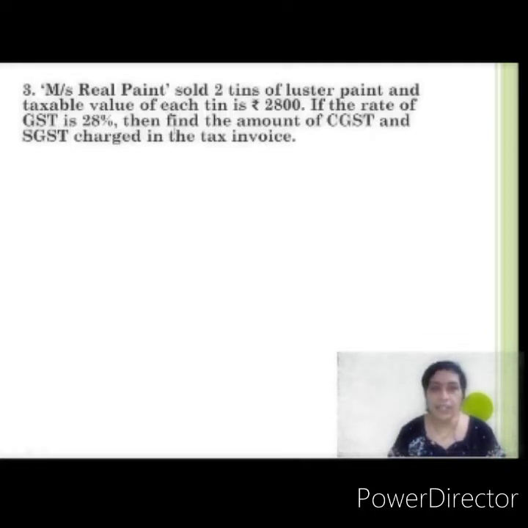Okay, now what they have asked is to find the amount of CGST and SGST. And what has been given to us is that this paint company sold 2 tins, understand, 2 tins, and the taxable value of 1 tin has been given, that is 2,800. Naturally we will have to calculate the taxable value for 2 tins, that will be 2,800 into 2, right.